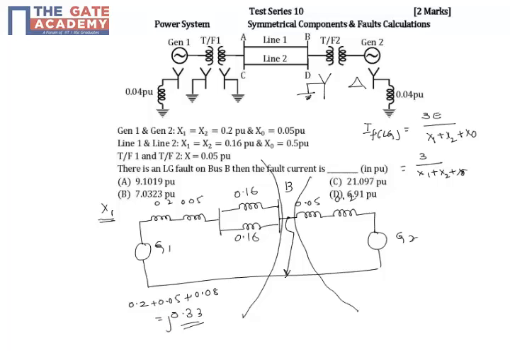Or if you want, you can put j, because they are all reactances, but it doesn't matter because he's asking only in magnitude. Here this is 0.2 plus 0.05, so this is 0.25. So x1 is equal to the parallel combination of j0.33 and j0.25. If you simplify this, you will get 0.1422.